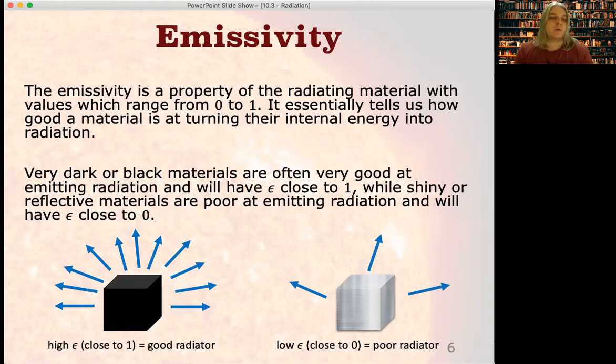Then the black one will give off a lot more thermal radiation than the silver one will, provided they're at the same temperature and they have the same dimensions and everything else. So that's all emissivity is telling us. Right? It's saying for some object at a given temperature with a given surface area, how good is it at actually throwing away that thermal energy? The higher the epsilon is, the closer to 1 it is, the more it'll be giving off.